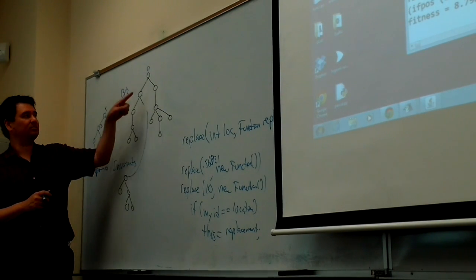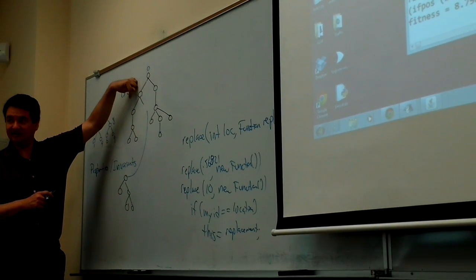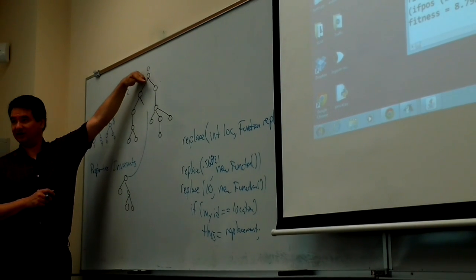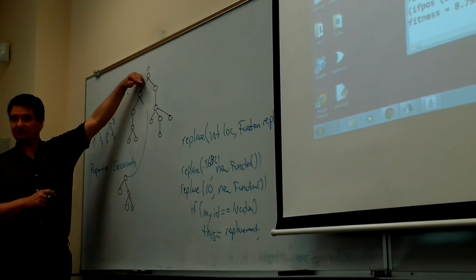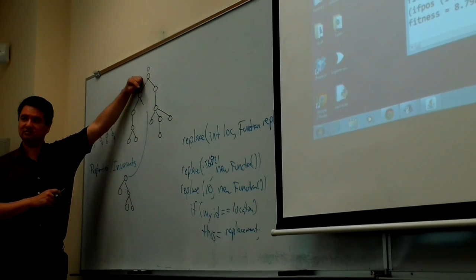So if I do a replacement, the top one here has to send replacement down this side, and if it got a false back from it, it has to then send it down this side. So the whole tree needs to be involved in this replacement function.